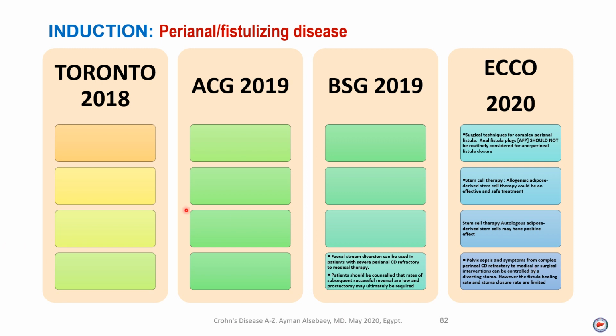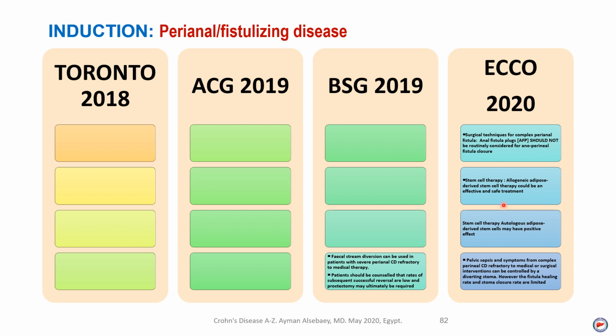The British Society said in such a case we can do what is called fecal stream diversion, in any case refractory to medical treatment or severe disease, but the reversion of the anatomy will not be easy.